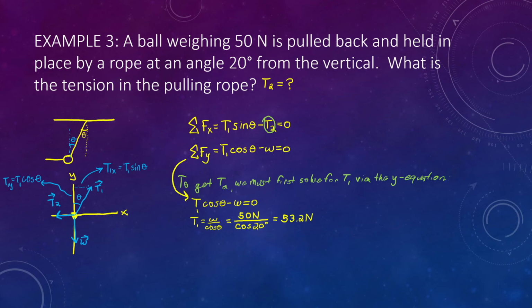Now we can plug that in. So now we can take the x equation and solve that one. Let me rewrite it here. We have T1 sine theta minus T2 equal to 0. So here we want to solve for T2. So basically you're just taking T2 and adding it to the other side. So we have T2 is equal to T1 sine theta.